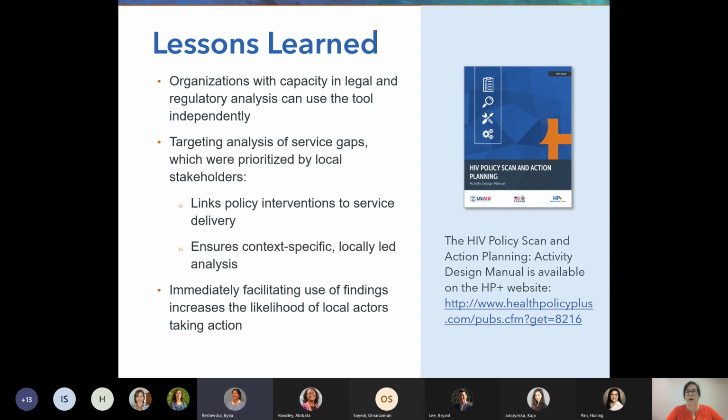Oh, Omar? Yes, thank you, Nicole. Very good presentation. So I just wondered about, as you did the legal and regulatory analysis, how about the capacity for implementation? Did this analysis also consider whether the entities that you work with have the capacity to implement?